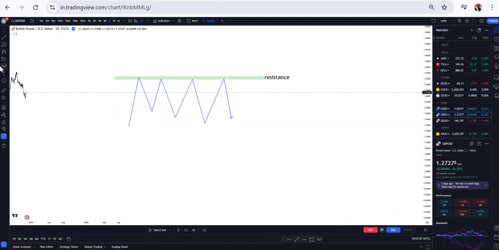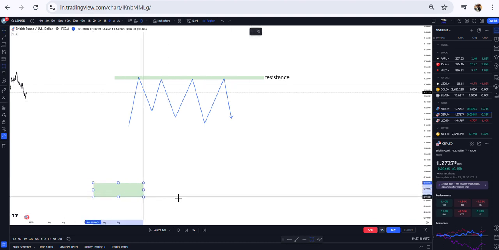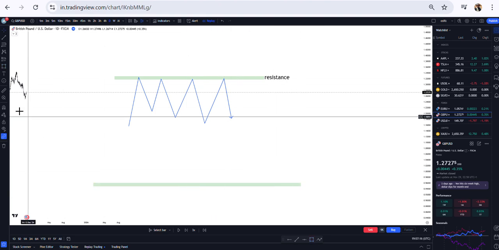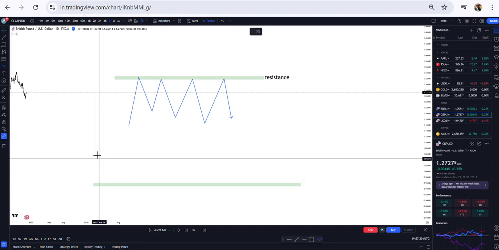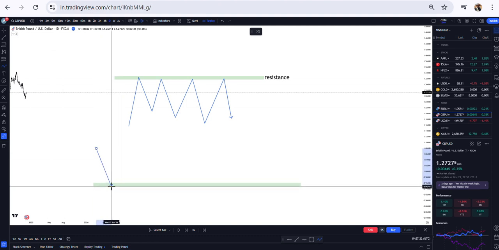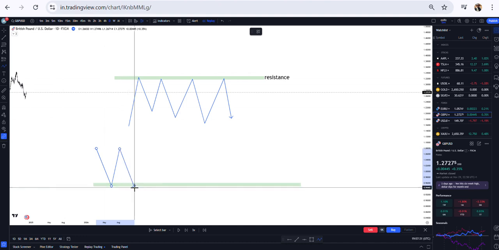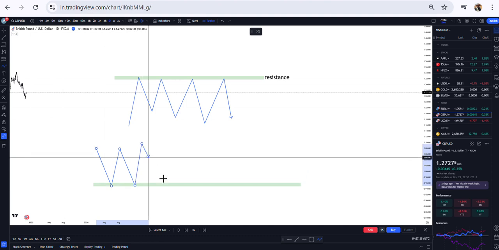Now the other one is support. A support is a level below where price reacts repeatedly, take note, repeatedly, not once. If it happens like this once, it is not yet a support. Now this bottom is the support. Price comes here, and this place is supporting it from going below.